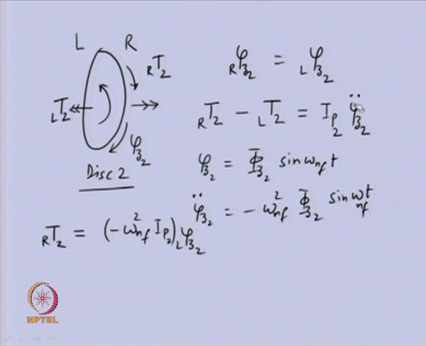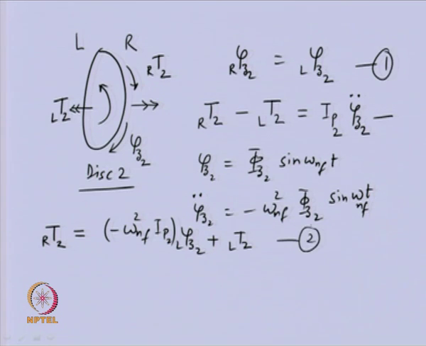I have substituted this in place of the earlier term, plus the torque on the left of disc 2. This particular torque I have brought to the right side. Now, I have rewritten this expression here, so this is one equation and this is the second equation.